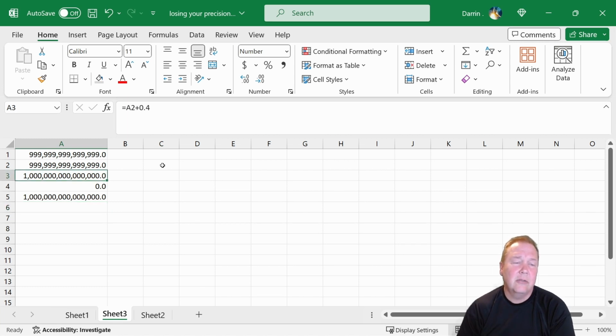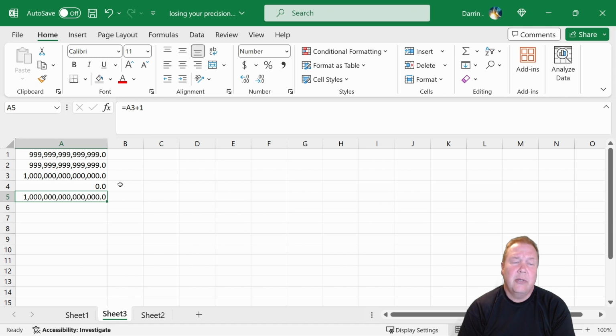So if I do A2 plus 0.04, A2 is just all nines and a 0.0. That should give me all nines and a 0.04. Up here we saw that all nines plus 0.4 came up with a 0. You'd expect it to do the same thing, and it didn't. It actually added 1. And at this point, this last digit over here doesn't work anymore, as we saw when we tried to add 1 to it, and it doesn't display the 1.